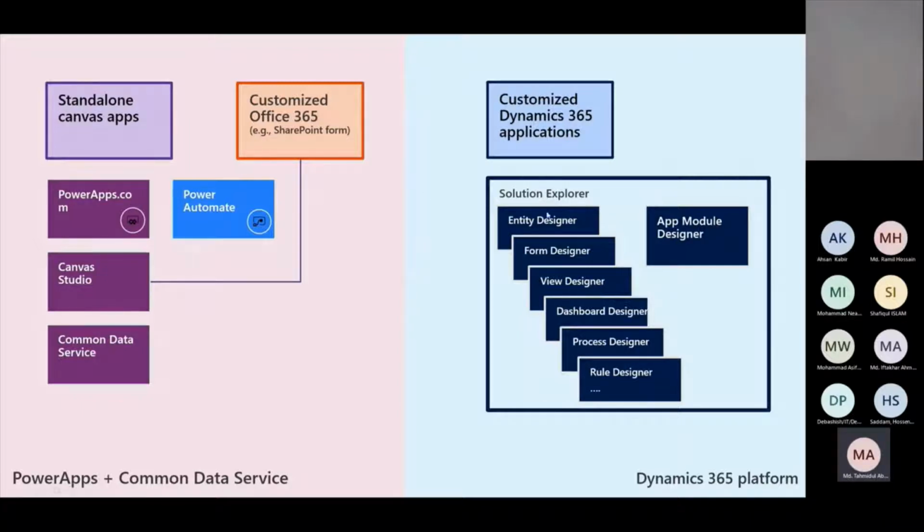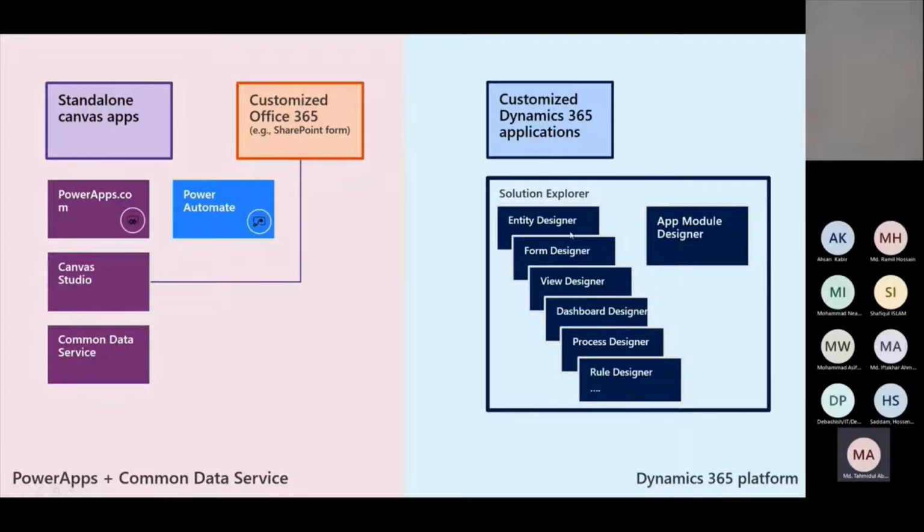On the other hand, we have customized Dynamics 365 applications. Specifically for Dynamics 365, they have provided different types of pre-designed designers to design the form, design the entity, design the view, and other things. So specifically for Dynamics 365, we have an enriched way to create our required forms or views or dashboards, whatever we need.